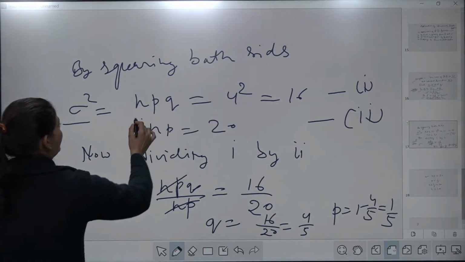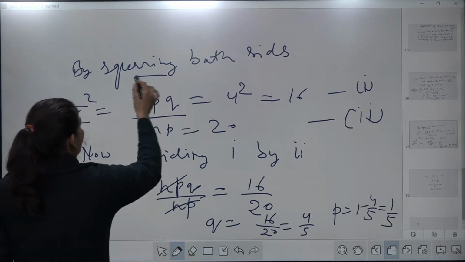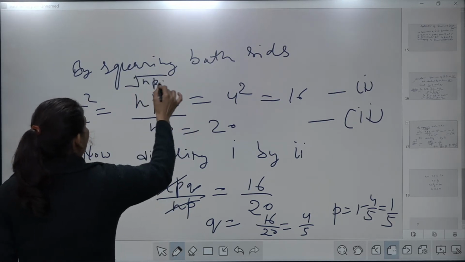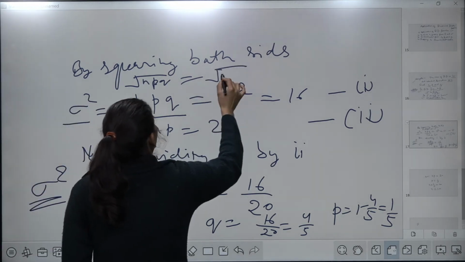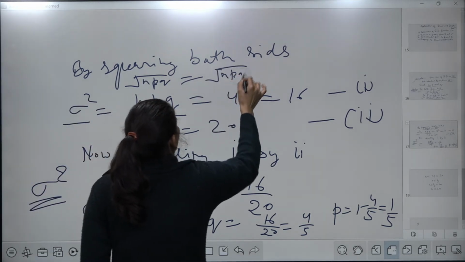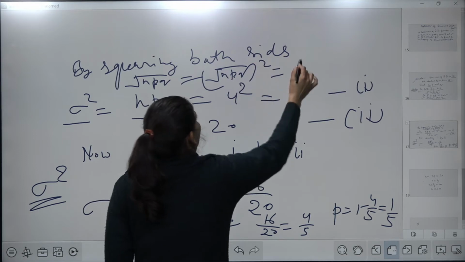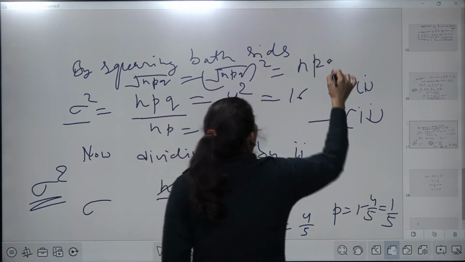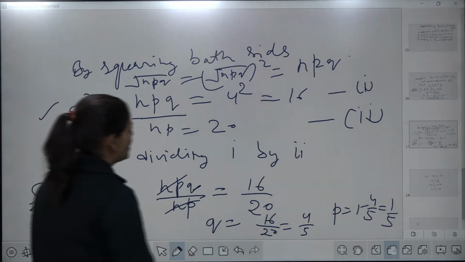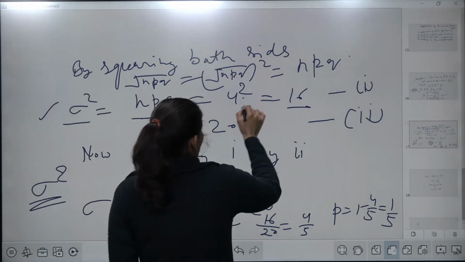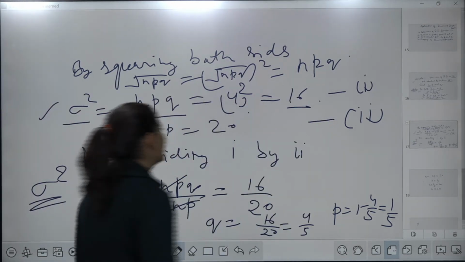After squaring, we get npq, because when we square the square root of npq, there is no use of the square root. This is the variance. The value of variance is 16, the square of 4 is 16, right.